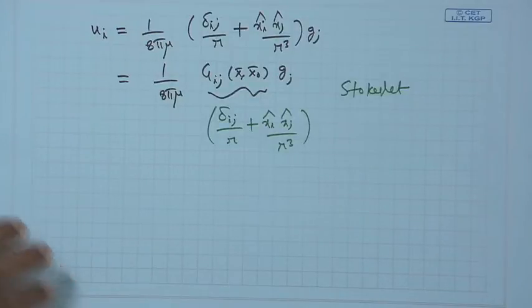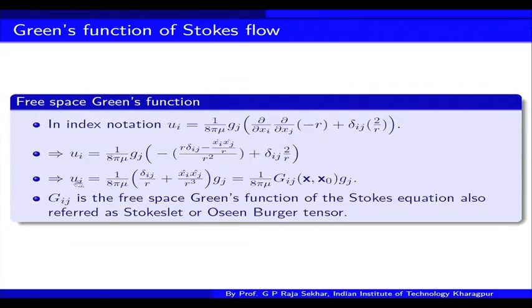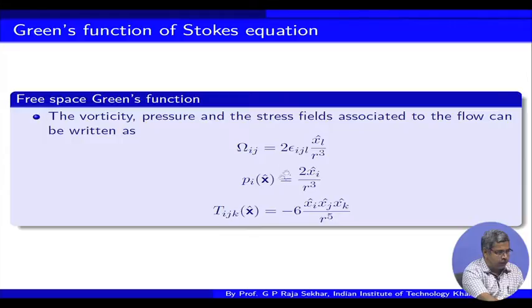Then, similar to the potential case, if you differentiate, the corresponding higher order singular solutions of Stokes flow can also be obtained. Okay. So, corresponding to the Stokeslet, that means, if this is the velocity of the Stokes flow, then the pressure is given by this, stress is given by this, and the vorticity is given by this. Okay.